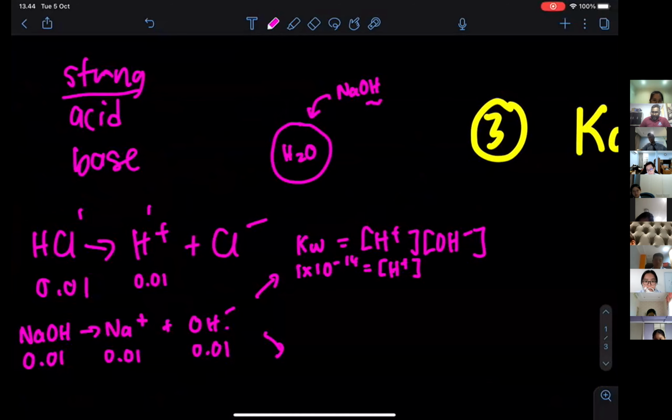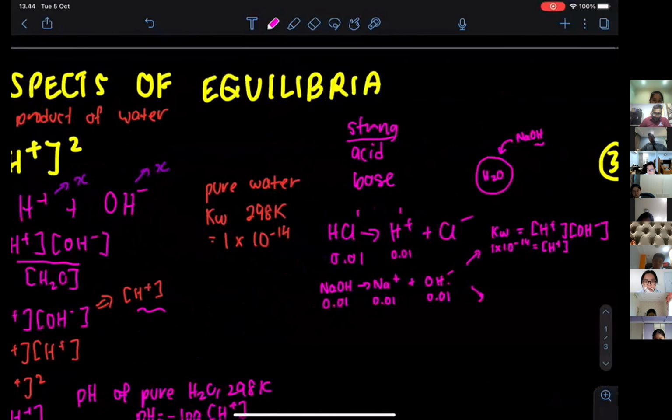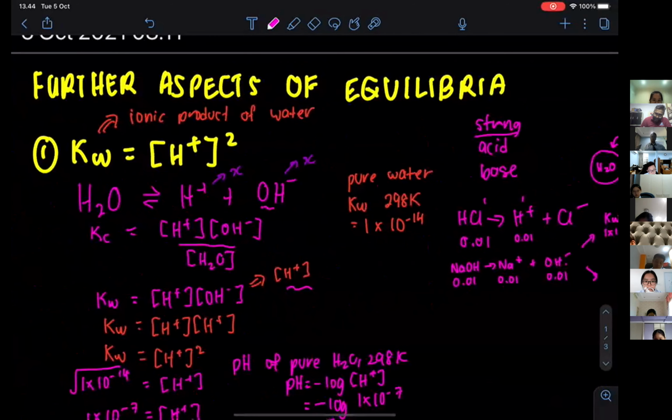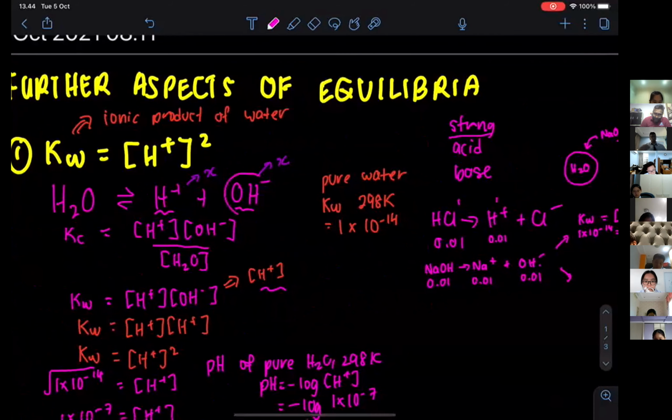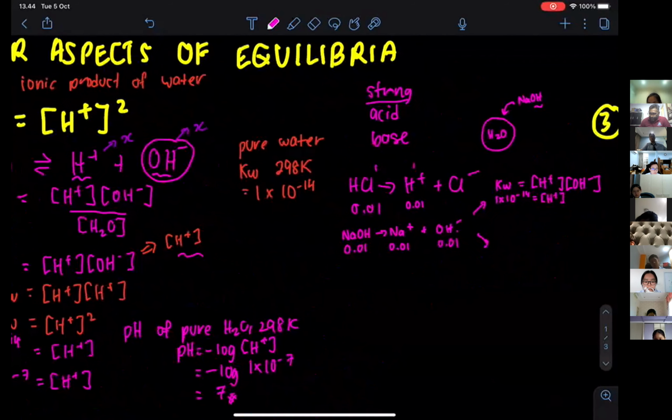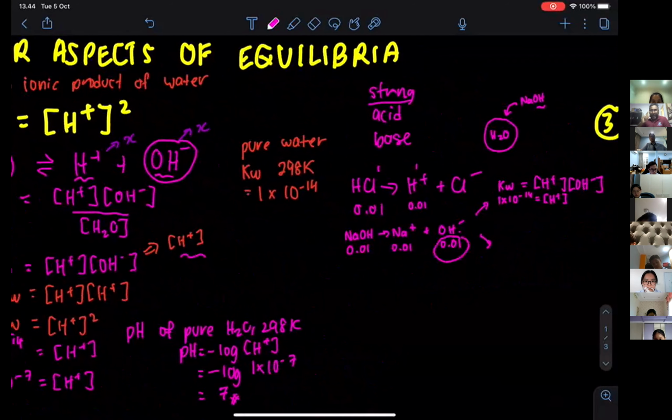What will happen? Because you have the water, and there is going to be additional OH on top of this water. There is additional OH coming from the NaOH. And there is an assumption here. What is the assumption? We are going to ignore the OH from water.